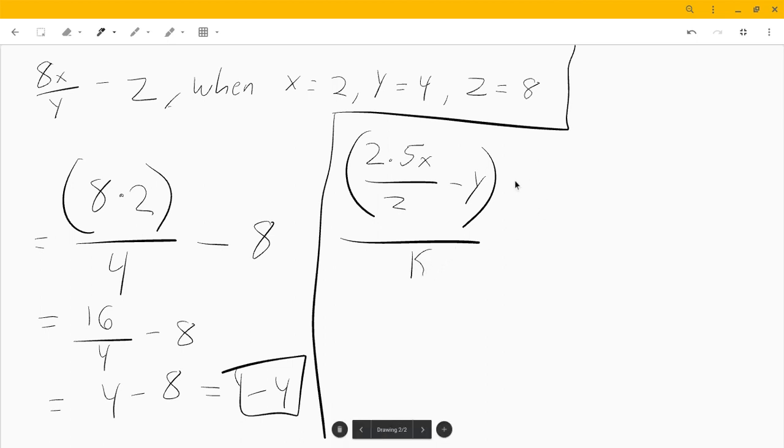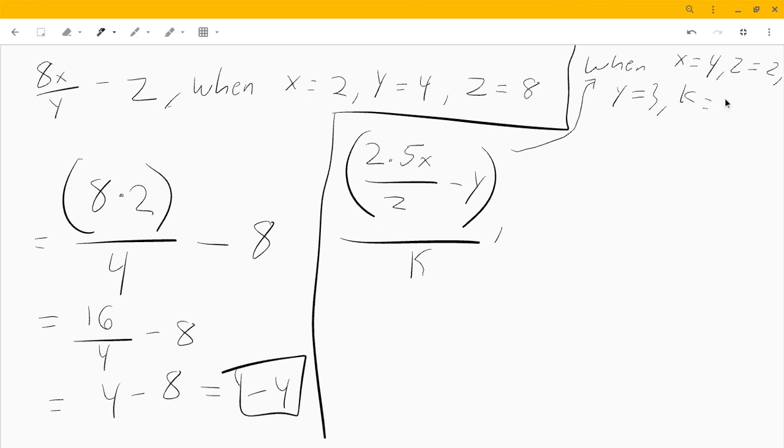Okay, and we want to evaluate that when x is equal to 4, z is equal to 2, y is equal to 3, and k is equal to 7.